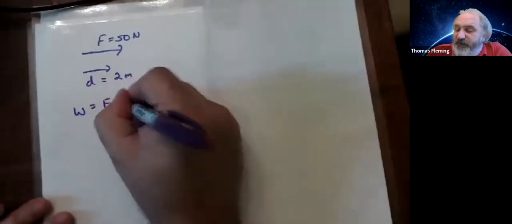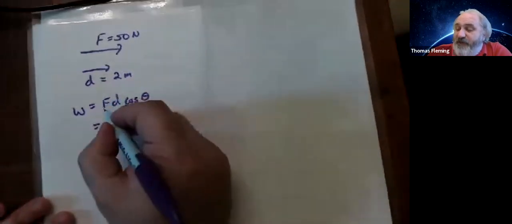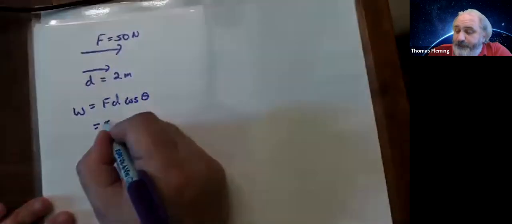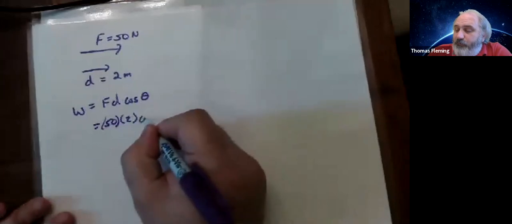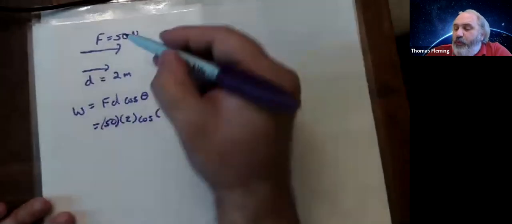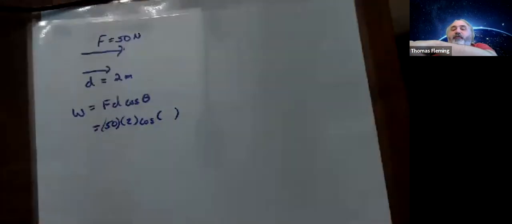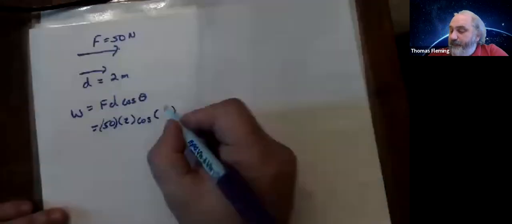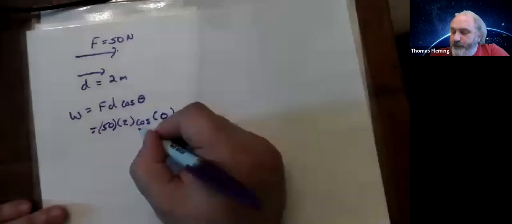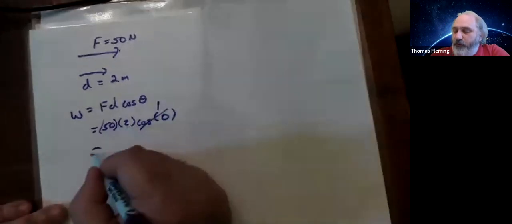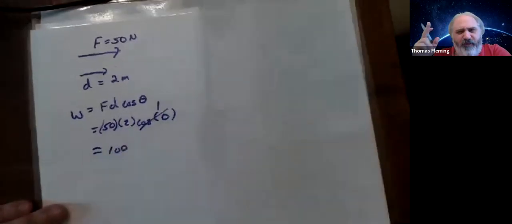Well, if work is F D cosine theta, the magnitude of F is easy, it's 50. The magnitude of D is easy, it's 2. And for the cosine of theta, it's the angle between these two vectors. But they're both pointing the same direction, so the angle between them is 0 degrees. Well, the cosine of 0 is 1. So it's just 50 times 2. It's 100.